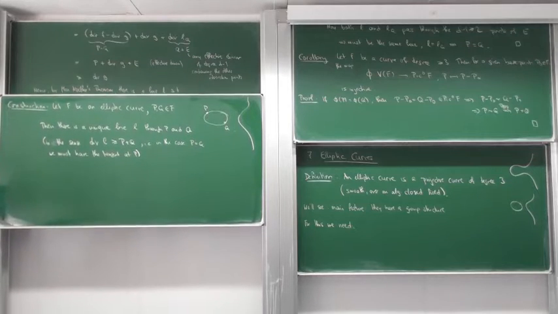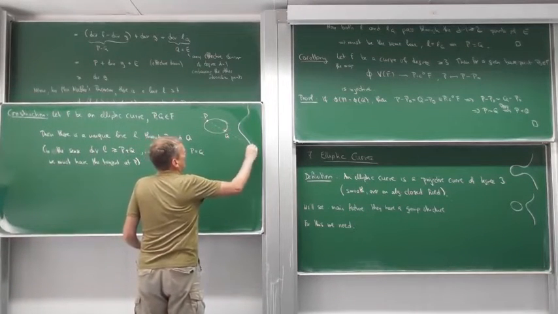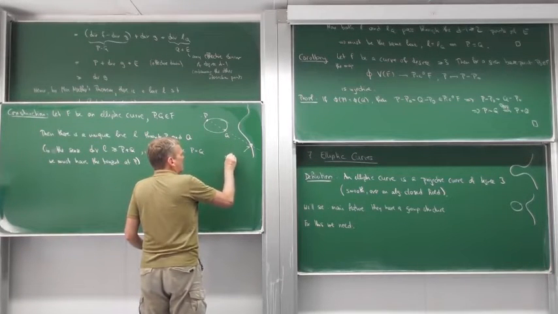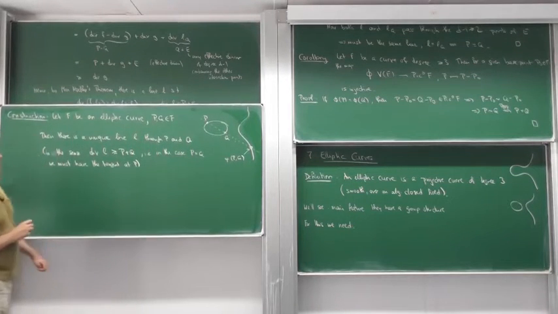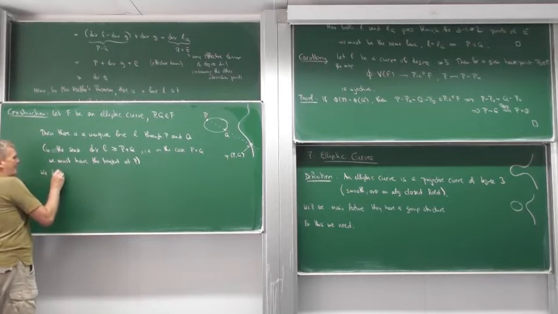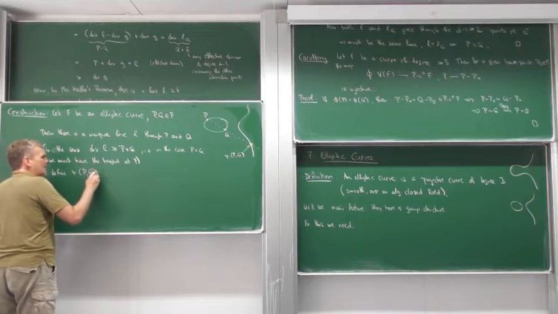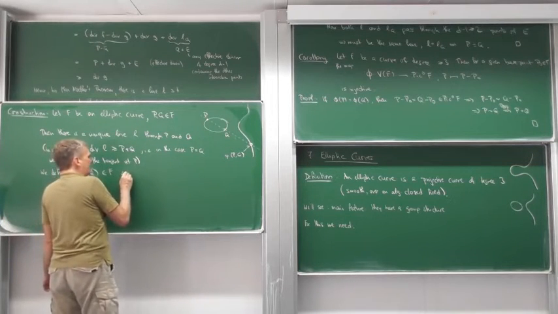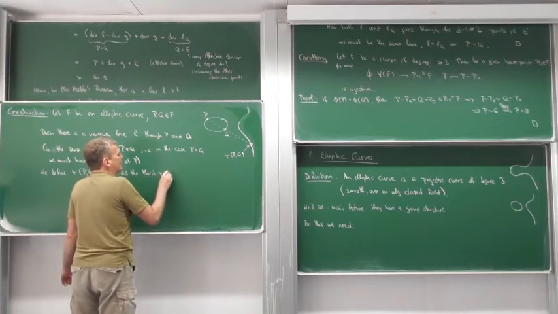Now if we take the line through P and Q, it will intersect the curve in one more point. This point we call psi of P and Q. So that's an operation that we can define on the curve. We define psi of P and Q, which will also be a point of F, as the third point of intersection.